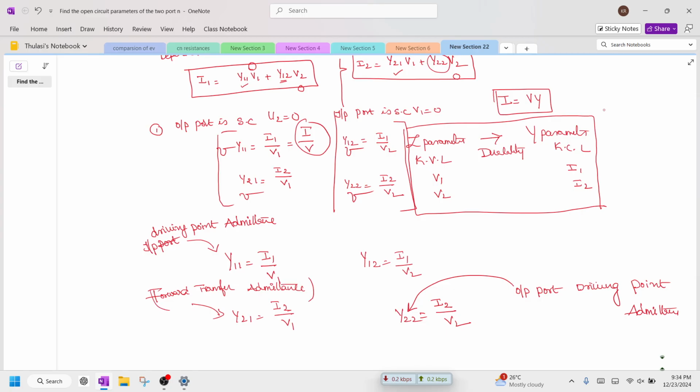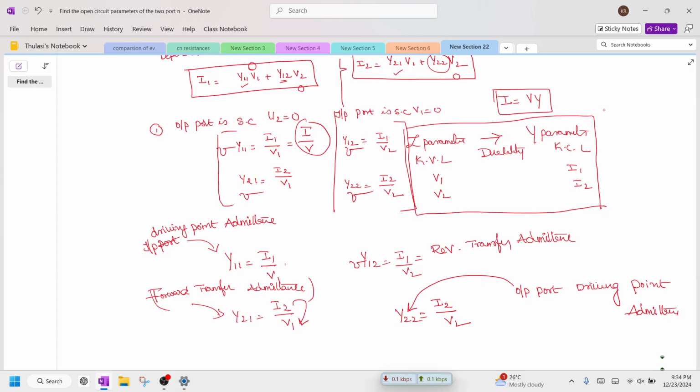Forward transfer, because it is going from input port to output port. So this is reverse. That's why we are going to call it as reverse transfer. And what is this parameter called? Reverse transfer admittance. These are very important names you have to recall while you are studying.